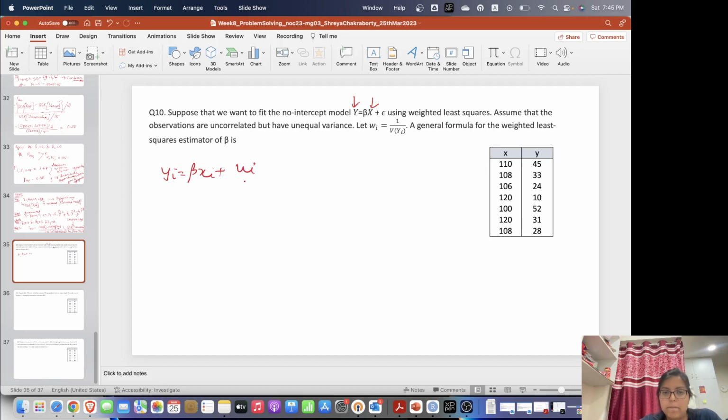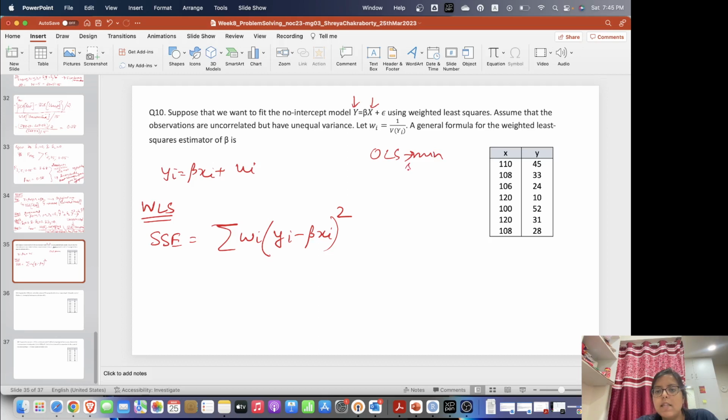This is my regression model. In order to fit a weighted least squares, we would write the summation of errors as summation of some weight into (yi minus beta xi) squared. In OLS we wanted to minimize the sum of squares of errors.